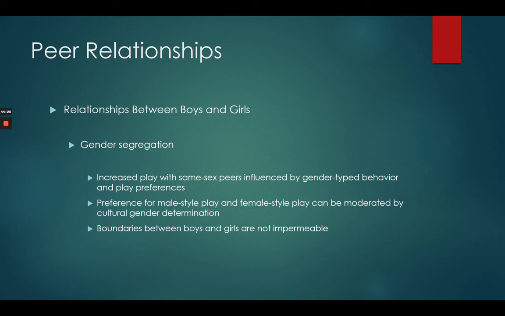And so there's this gender segregation where there's a push towards same-sex groups. And this can lead to more gender-type behaviors, gender-type play preferences, and a belief in kids that there's a boy way to do things and a girl way to do things.